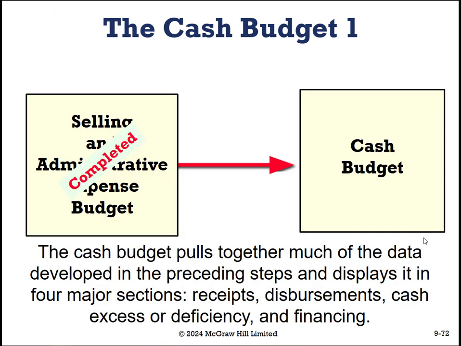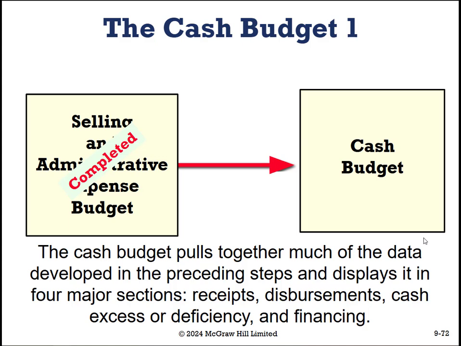So the cash budget pulls together much of this data that we've developed in the preceding steps, and we display it in 4 major sections. Receipts, what we collected. Disbursements, what we gave out, spent. Cash excess or deficiencies. So do we have more receipts than disbursements? Excess. Do we have more disbursements than receipts?